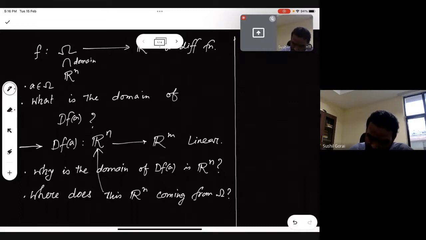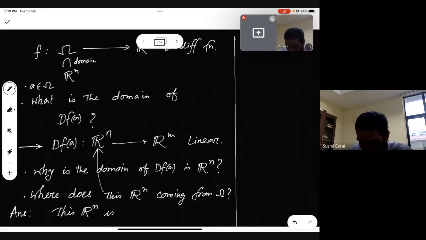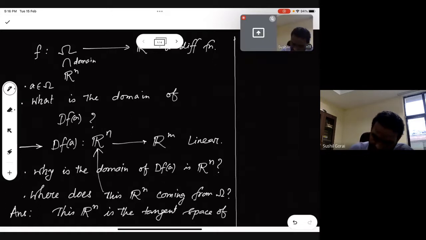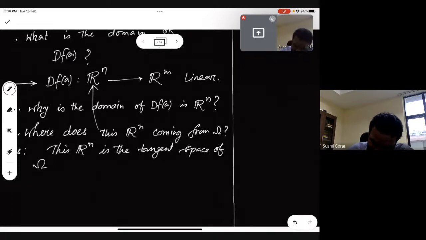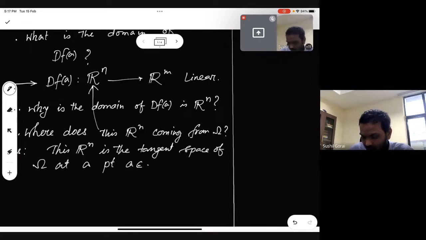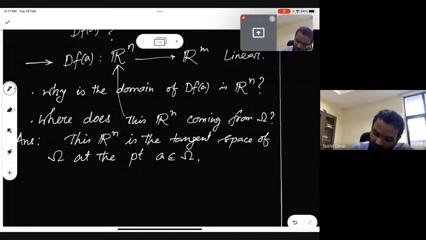So the answer is that this Rn is the tangent space of omega at the point A. So that's how it is.